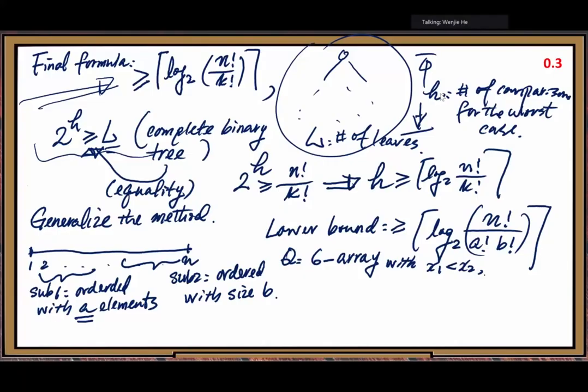Then I will go sort it. What is the minimum number of comparisons to sort it? First, let's estimate it, because to apply this lower bound formula, we need to estimate the lower bound.